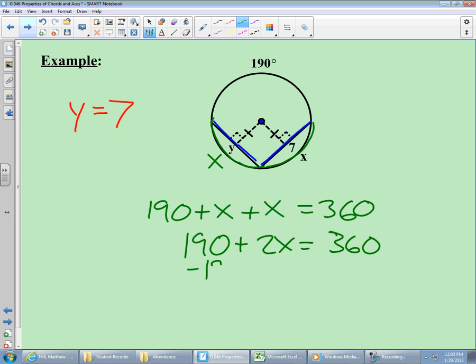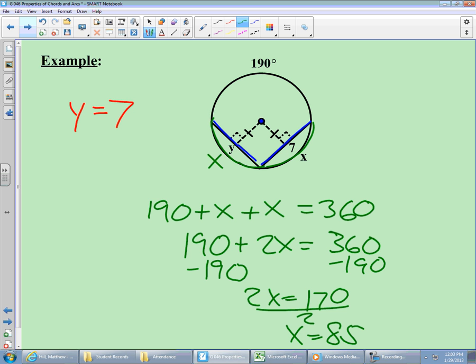Let's get the constants away from our x's, subtract them to the other side. And then divide by 2. Okay, so there is x. X equals 85 degrees. Okay.